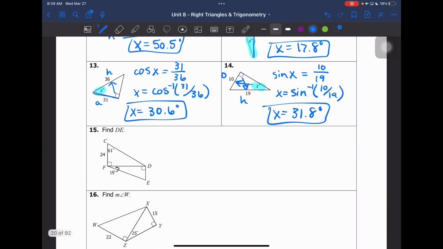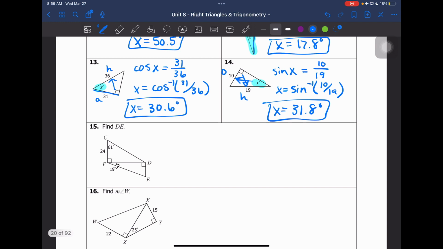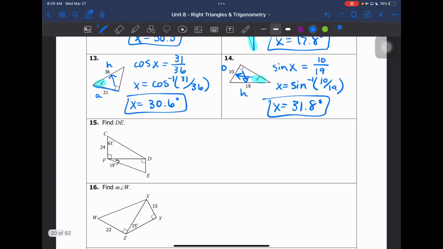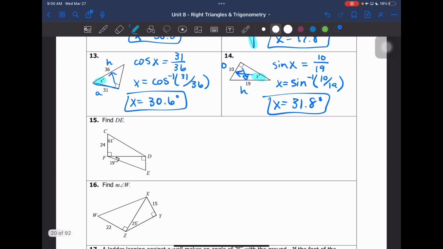So let's look at 15. They do start to show multiple triangles combined so that we have to do multiple steps. We want to find DE, which is this side over here. And we only know this angle measure. We don't know any of the side lengths.